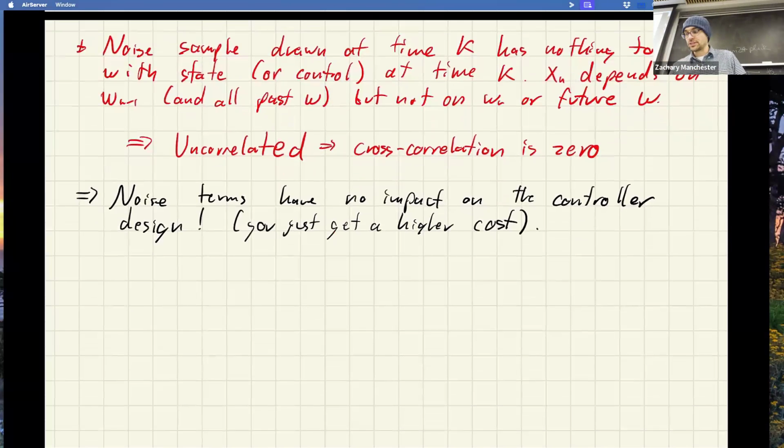Okay, so this has a name. This is actually a deep result in the theory of optimal control. There's two big picture ideas that I'm now going to spit out names for. The first one is called the certainty equivalence principle.